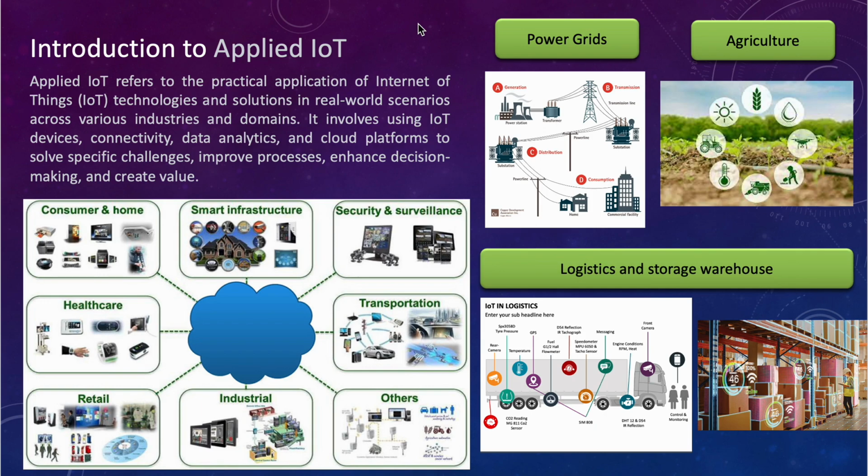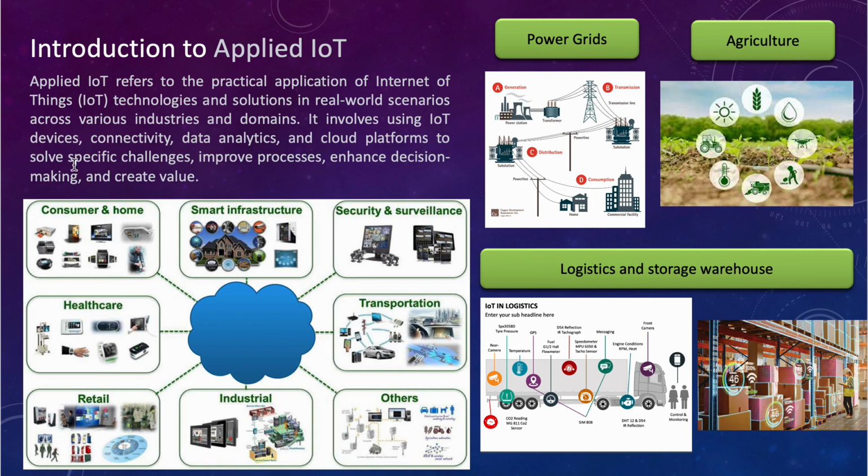It involves using IoT devices, connectivity, data analytics, and cloud platforms to solve specific challenges, improve processes, enhance decision making, and create value. So that is what applied IoT is about, right?